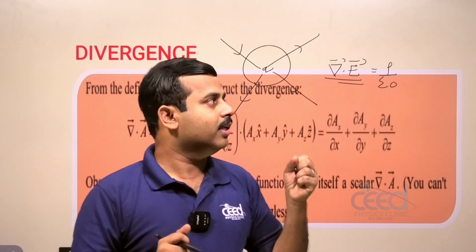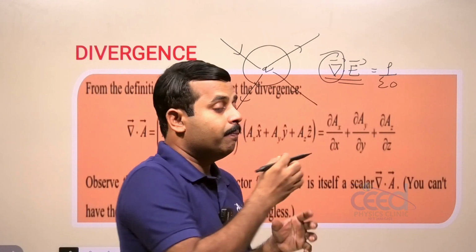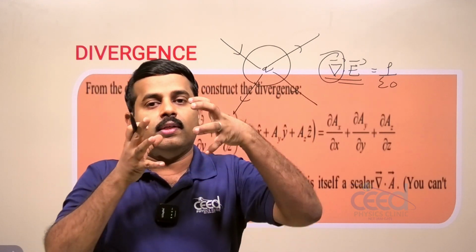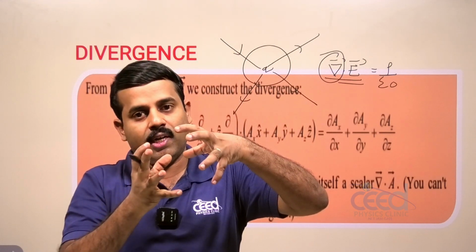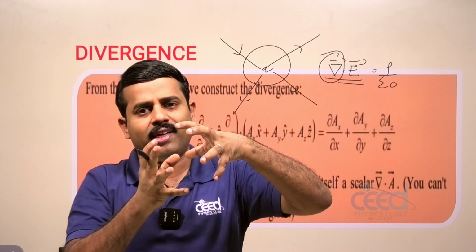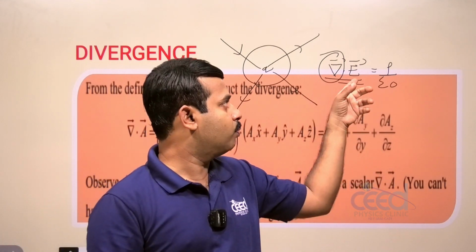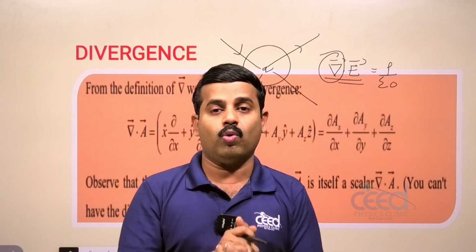So we need the divergence of the electric field. Why are we taking this operator? Because for a three-dimensionally charge distributed body, the electric field is diverging in 3 dimensions. That's why we use the dot product of a three-dimensional quantity.